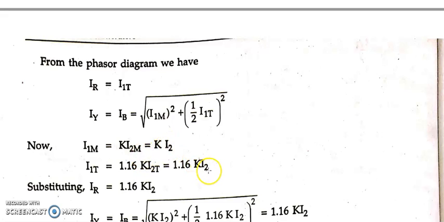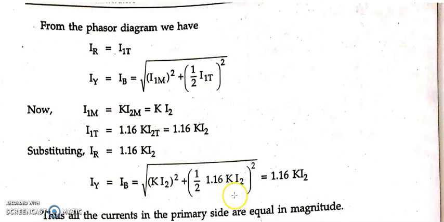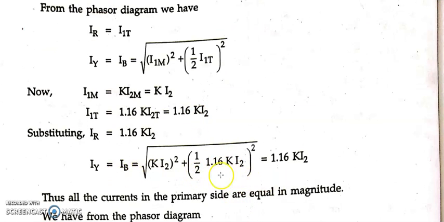So again I am going to write it as I2 here, replacing I2T by I2. Substituting, IR is equal to 1.16 times K I2, because I1T we have already written, so IR is equal to I1T, equal to this. Now substituting back here, we know that I1M is equal to K times I2, and I1T is equal to, as already discussed, 1.16 times K I2. I will replace that, and doing the calculation, finally Iy and Ib are equal to 1.16 times K I2.